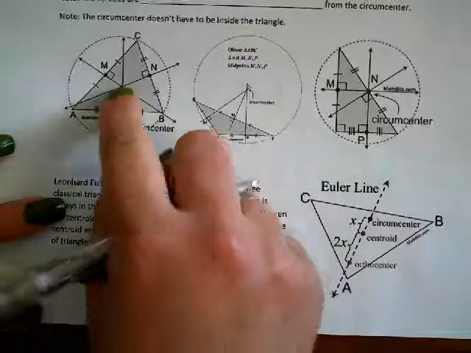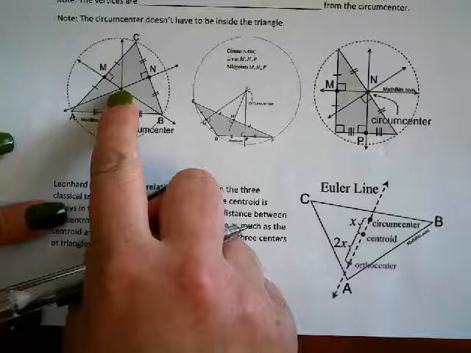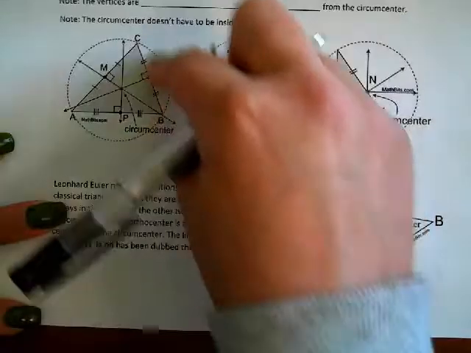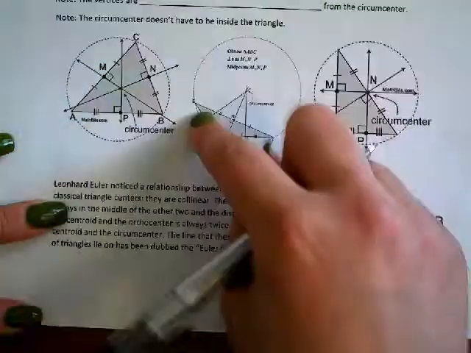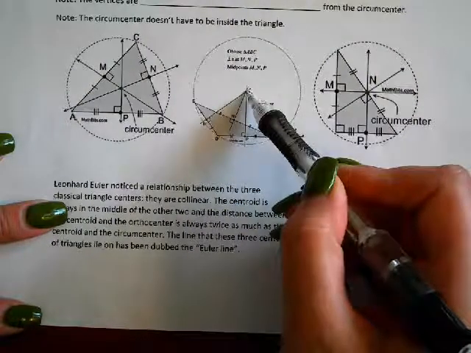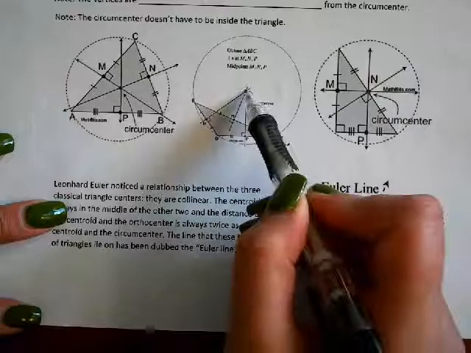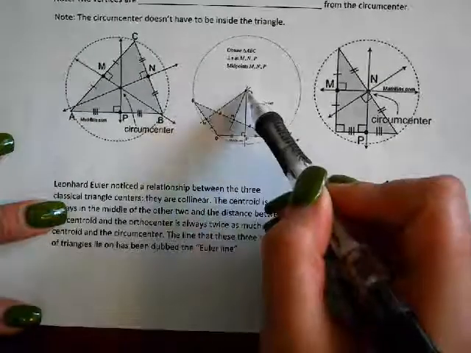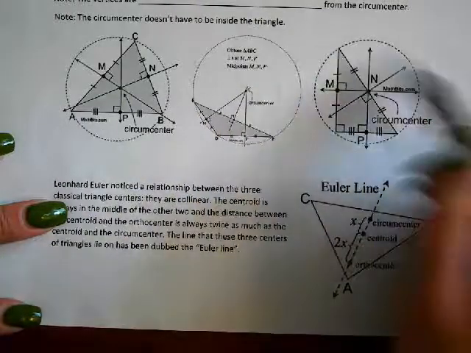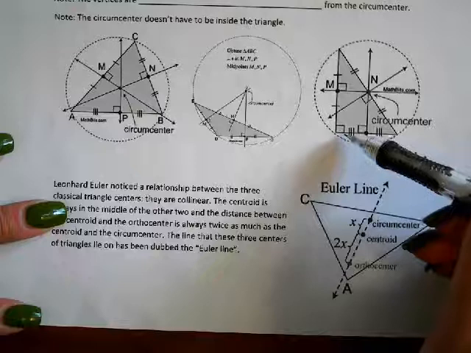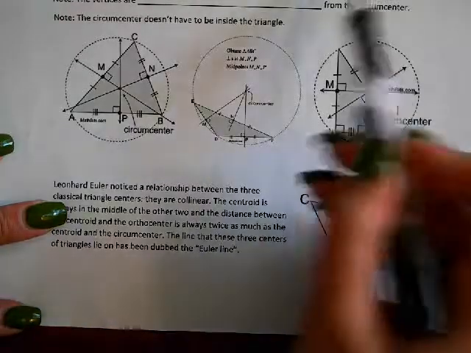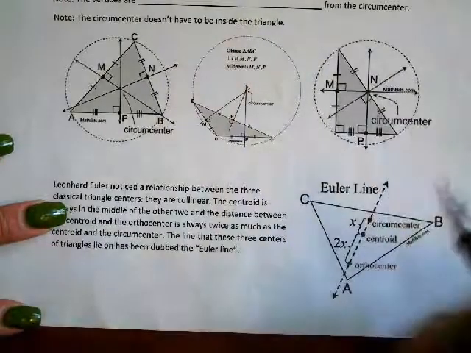Circumscribed means that if you start with the circumcenter, you can actually draw a circle around that triangle, and what happens is if you use the circumcenter as the center and use the distance from the circumcenter to the vertex as the radius, you can actually draw a circle, and that triangle will be inside of the circle. So that circle is circumscribed around the triangle.